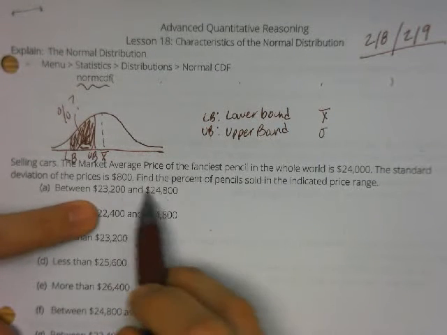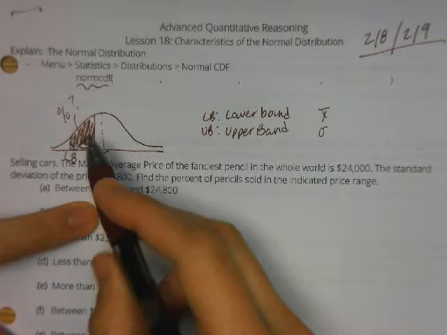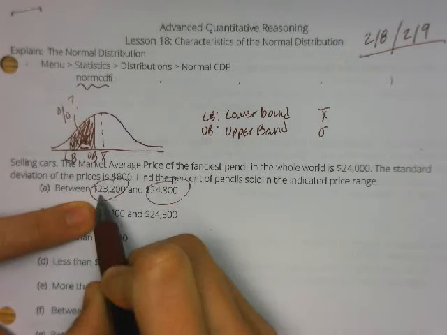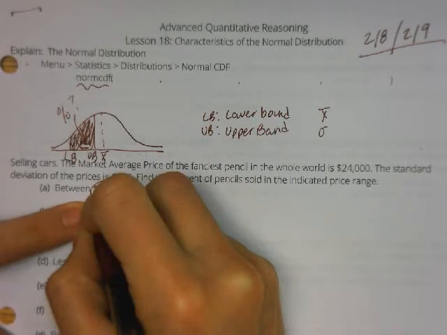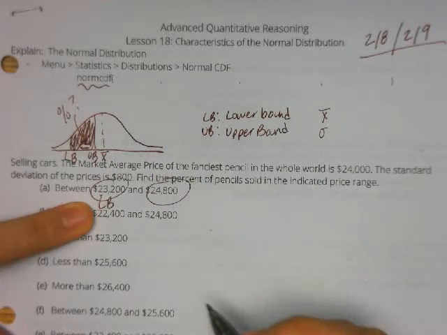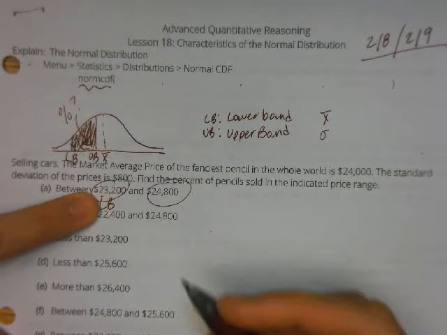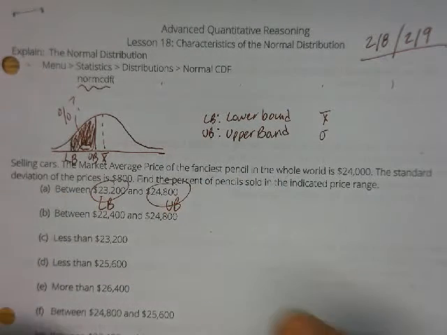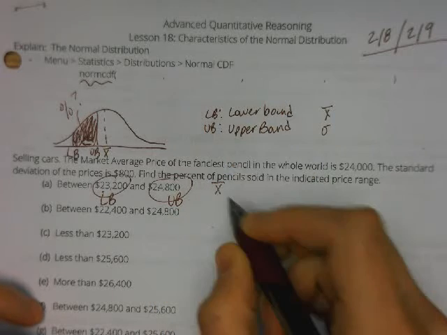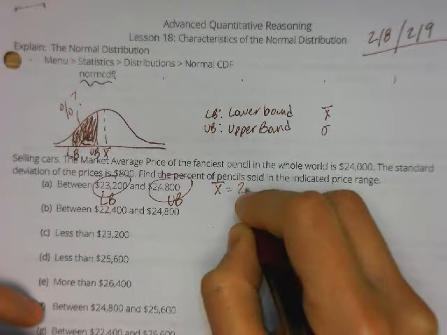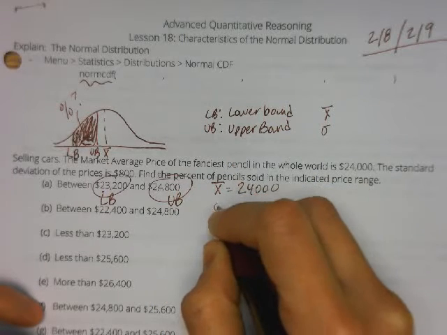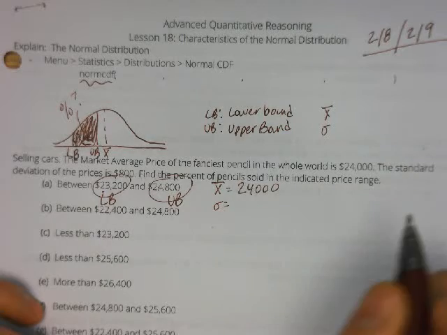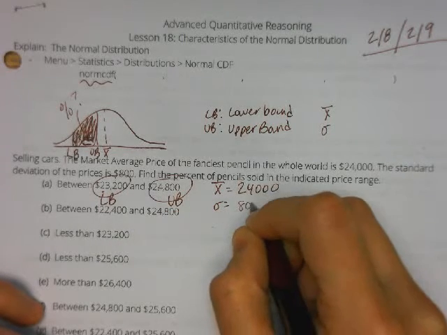Here, between this value and this value right here, the lower bound is the lesser of the two numbers. The upper bound is the greater of those two numbers. My mean, that's given in the problem, and that's 24,000. The standard deviation, also given in the problem, is $800.